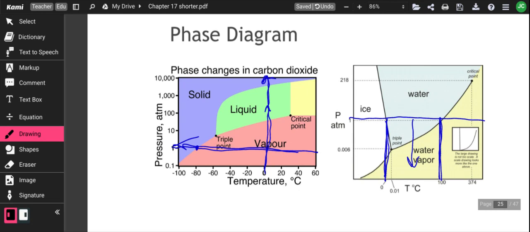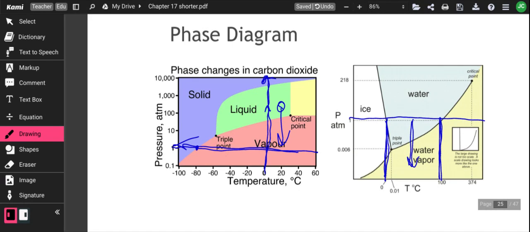By dropping the pressure down to a lower rate, we can get to water vapor and turn the water from a liquid into a gas. Just like we did on the right side, we turned a liquid into a gas by dropping the pressure.